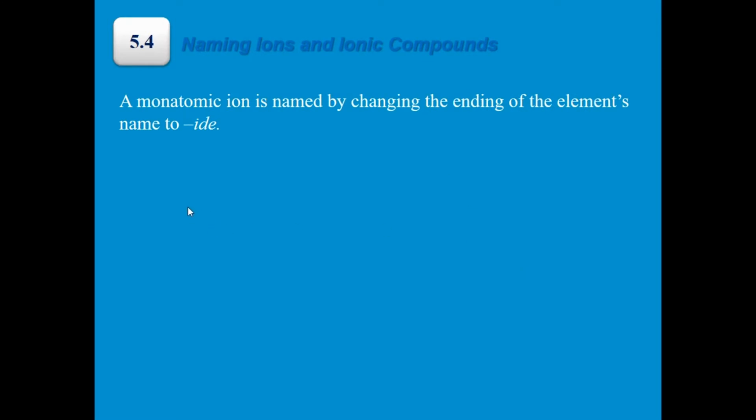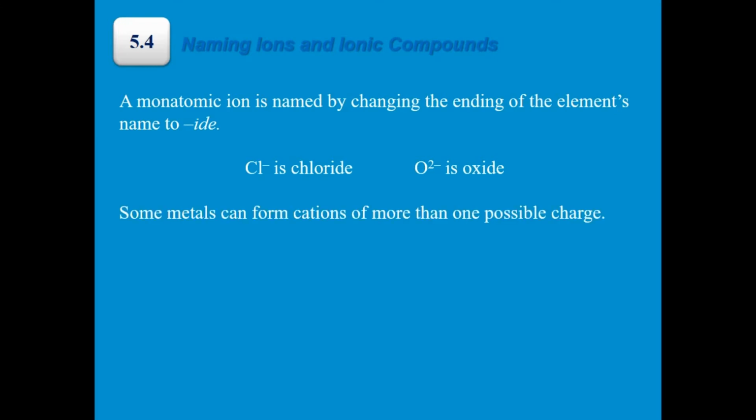You have a monatomic ion. You change the name to -ide. That's all you do. So, chlorine becomes chloride. Oxygen becomes oxide. Some metals can form cations. A cation is a positive charge ion.